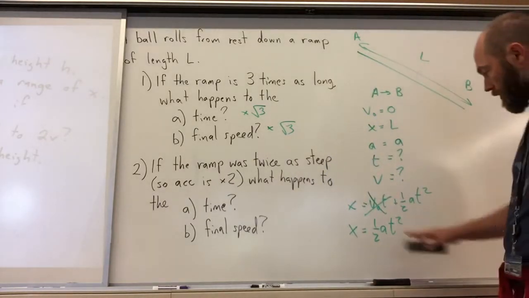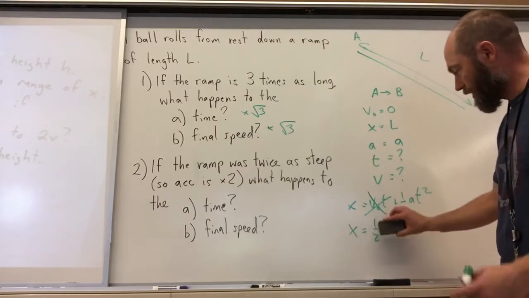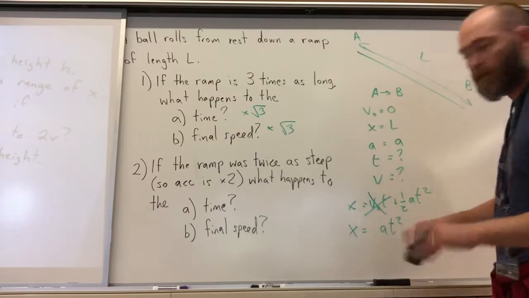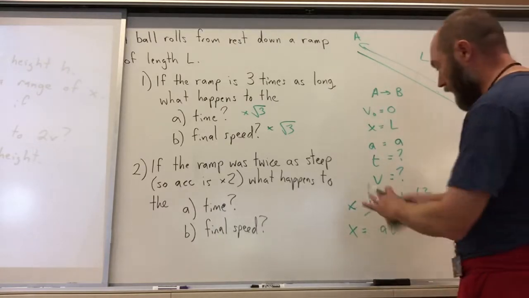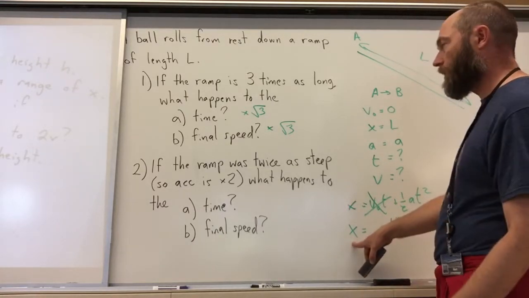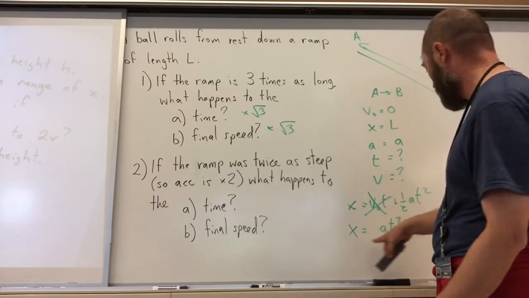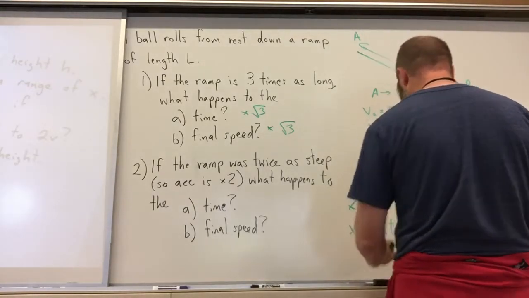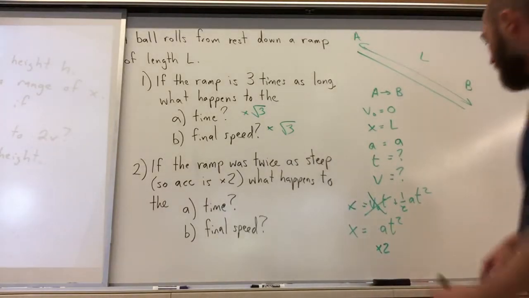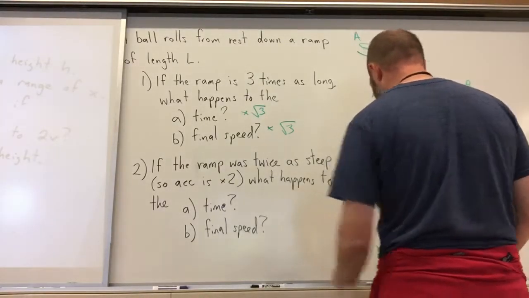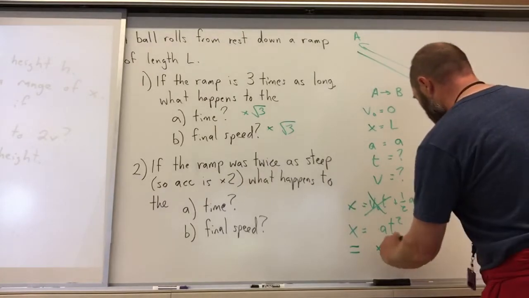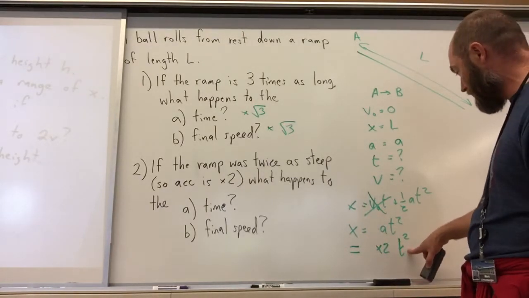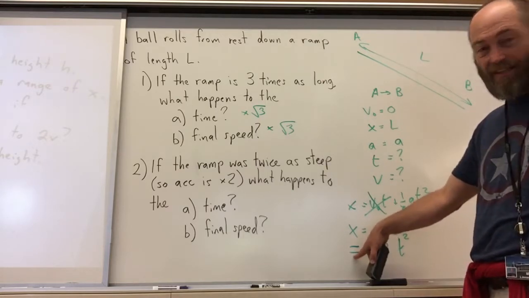This 1/2 is just a given and stays the same, so who cares about the 1/2 piece? The ramp was twice as steep, so my a is going to be times 2. My ramp is the same ramp, so x is staying the same. Then I have t squared. What is going to happen to t squared so that this stays the same?